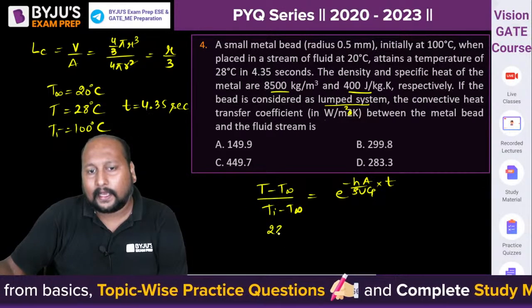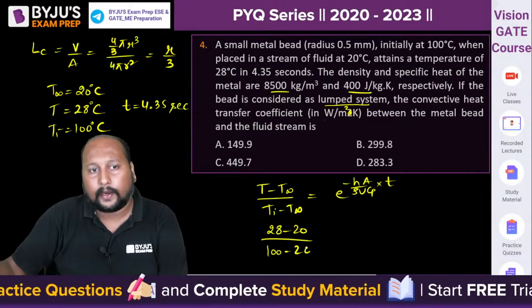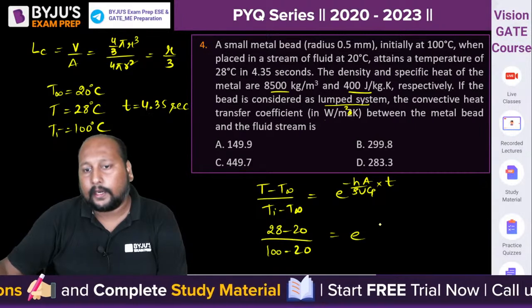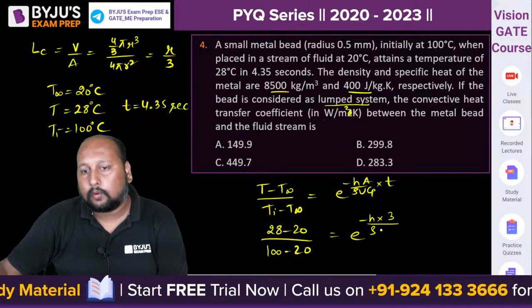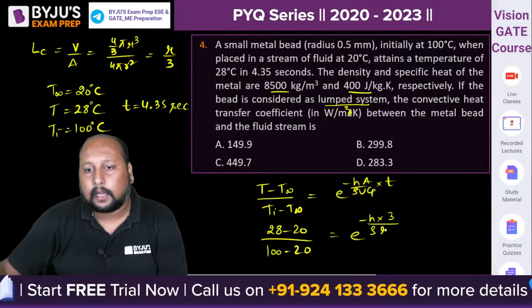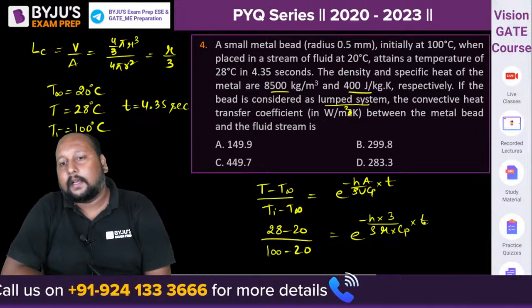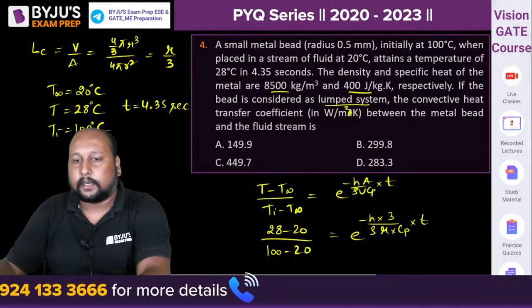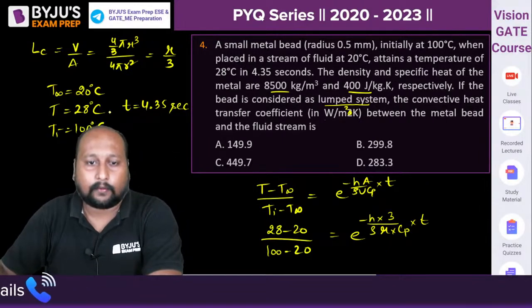So 28 minus 20 divided by 100 minus 20 is equal to e to the power minus h, we need to calculate, this is 3 by rho into R into Cp into t. Okay, solve it and tell me what is the value of h you are getting. I will be getting this value in watt per meter square Kelvin.